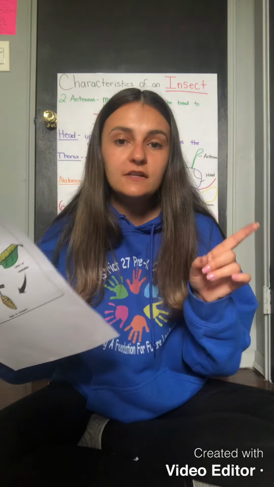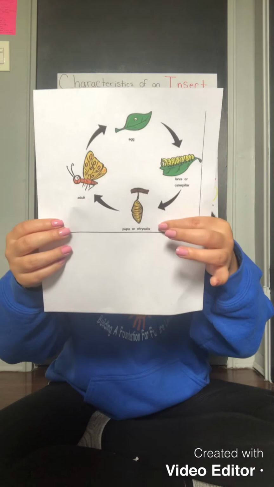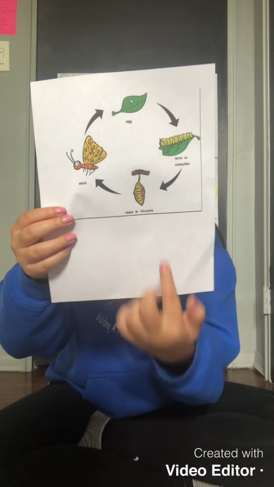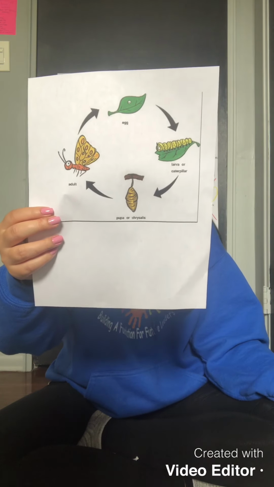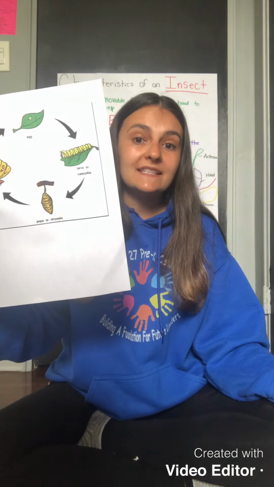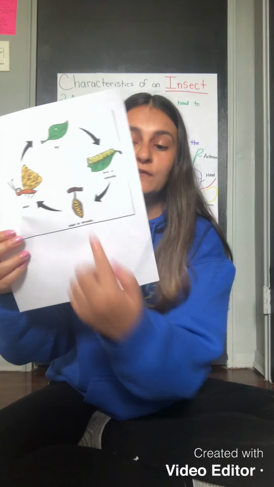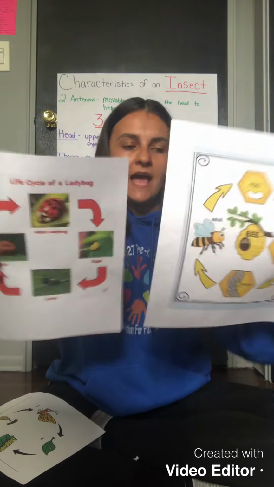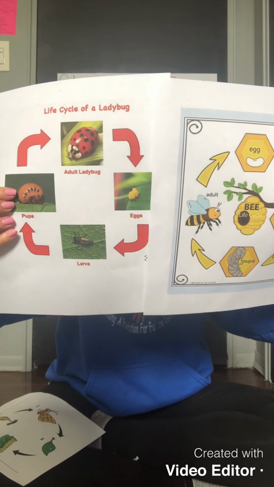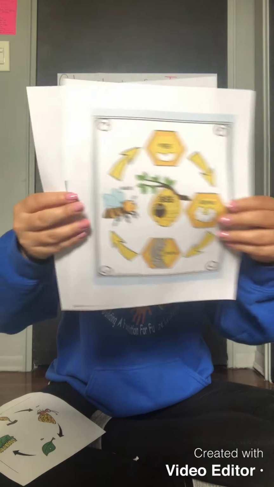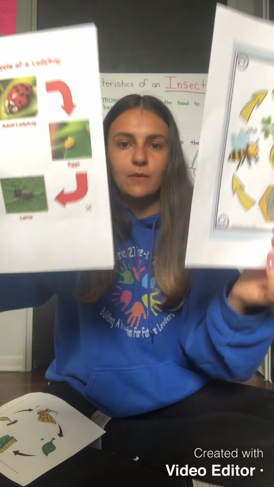Another difference I noticed is that the pupa of a butterfly is also known as a chrysalis. So that other word is another word for cocoon. The other ones are just known as pupas. As you can see, one's right here, and the other one is down here where my fingers are.